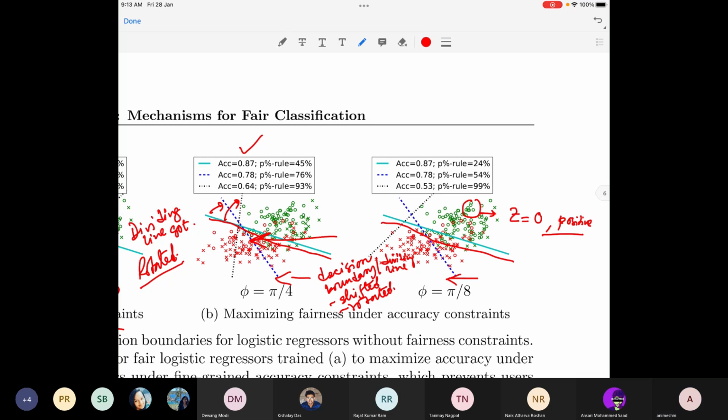So if you recall, what we said is that we used that fine-grained accuracy constraints to stop reverse discrimination.